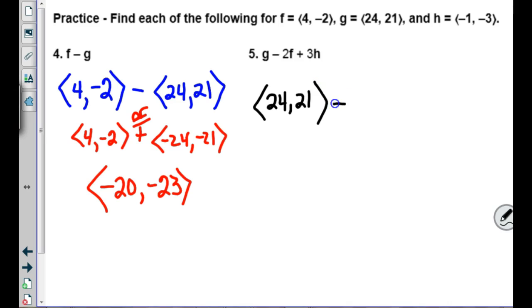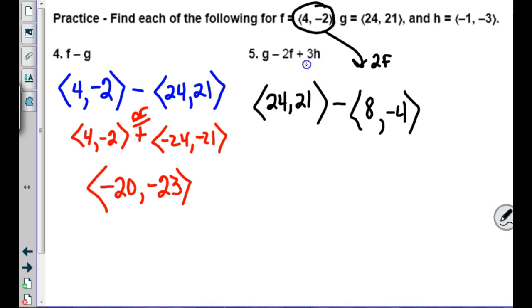It says minus 2f. Can I write down 2f? What is 2f, guys? I was just going to double this. Is that okay? 8, -4, and then plus 3h.